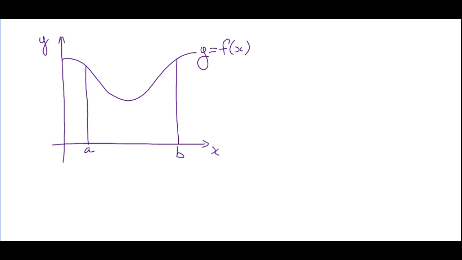So we're going to split this curve into some rectangles. So this will be rectangle number 1. Let's draw a little area here. Here's, whoops. Control Z. There's rectangle number 2.